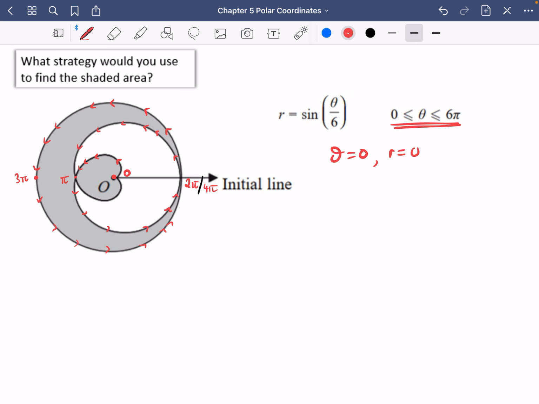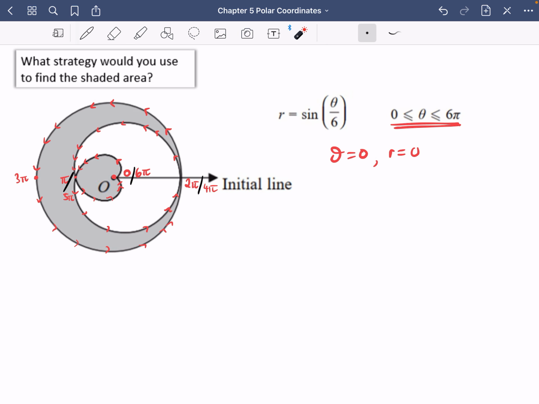And when it comes on the inside bit, it gets back to this place. So it's going to be first of all pi, and then the next time it's there, it's going to be 5 pi. And then it comes all the way back around here, and so it goes back to the 0 point where it's also 6 pi. So I don't know, you might find a clearer way to do this, but it's going at 0, pi, 2 pi, outside ring 3 pi, 4 pi, inside ring 5 pi, back to the middle 6 pi.